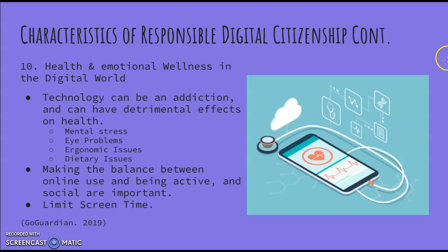Balancing online use with being active and social is important, but also limiting that screen time is very, very important. Think about if you sit in an office chair all day and you stare at a screen, that sitting, staring, is going to affect lots of things, not only your body physically from sitting, but also your eyes from looking at the screen. All that screen time is not good and can affect them.